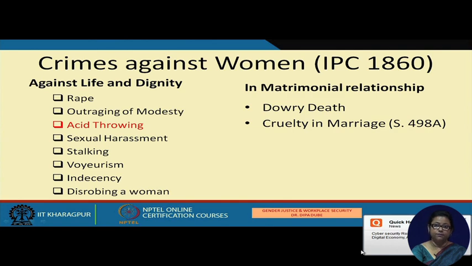Thus, those mentioned in the Indian Penal Code involve cruelty in marriage, what we spoke of in reference to section 498A, that when a woman is in the domestic home or domestic household, she is subjected to cruelty or harassment by the husband or relatives of the husband, sometimes leading to the suicide of the woman, and that is taken care of by section 498A.